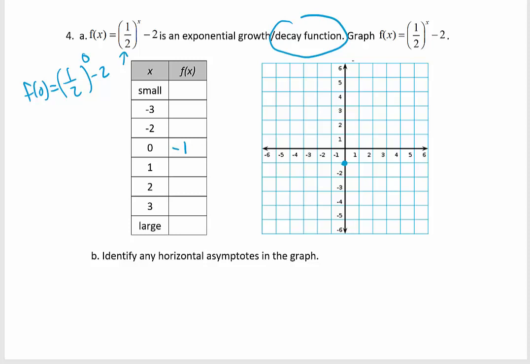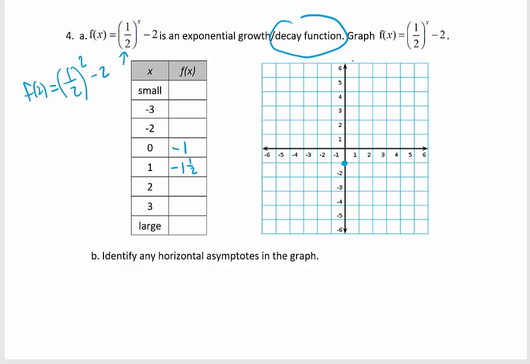Okay, let's see what happens now as we start to put larger positive values in there. So let's say we do the first power. Well, then I'm going to have 1/2 minus 2, which is going to be negative 1.5. All right, now let's try 2. Well, 1/2 times 1/2, which would be 1/2 squared, would be 1/4.